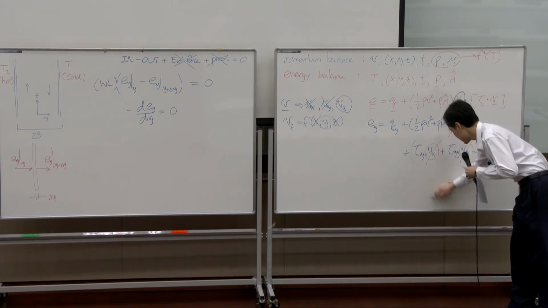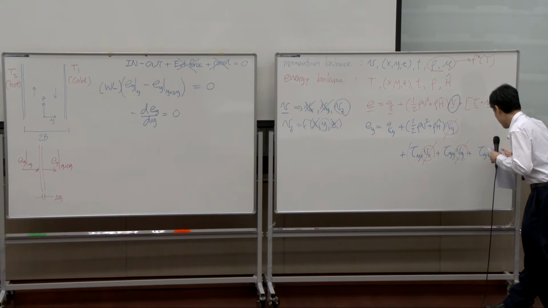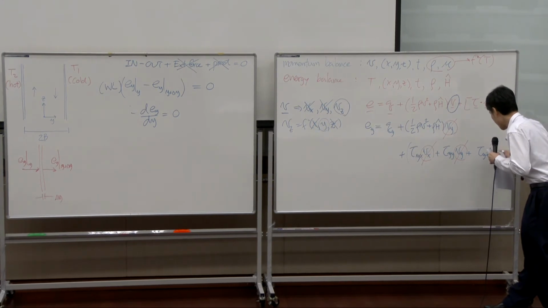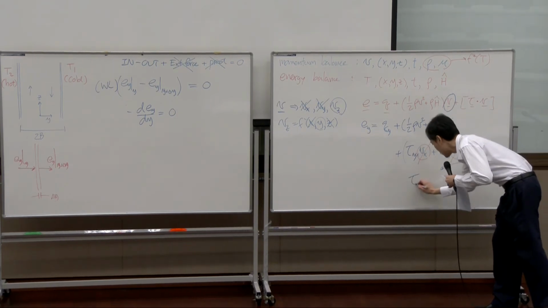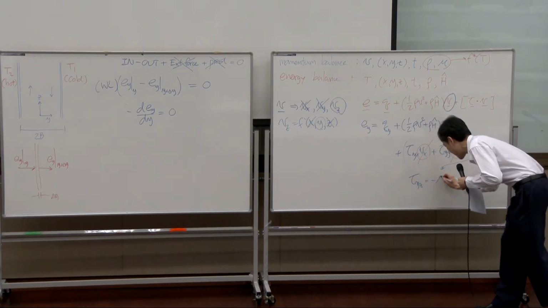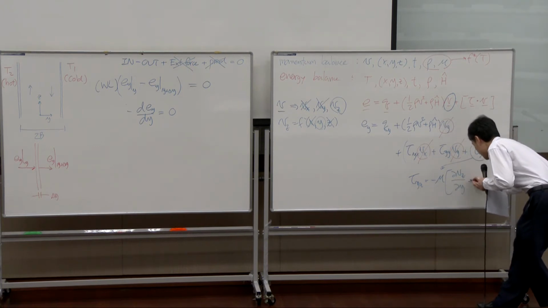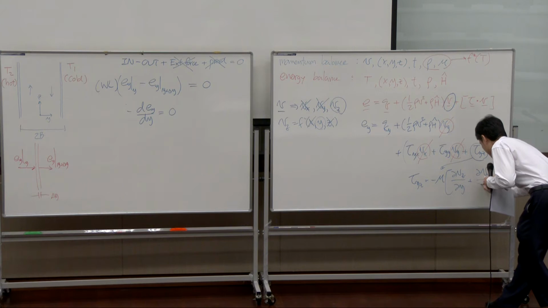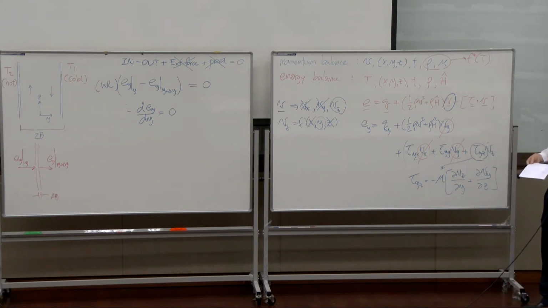No, I'm sorry. Tau yz can be expanded using Newton's law. Tau yz equal to minus mu dvz by dy plus dvy by dz. Okay? And we can eliminate this Vy term because it is 0.